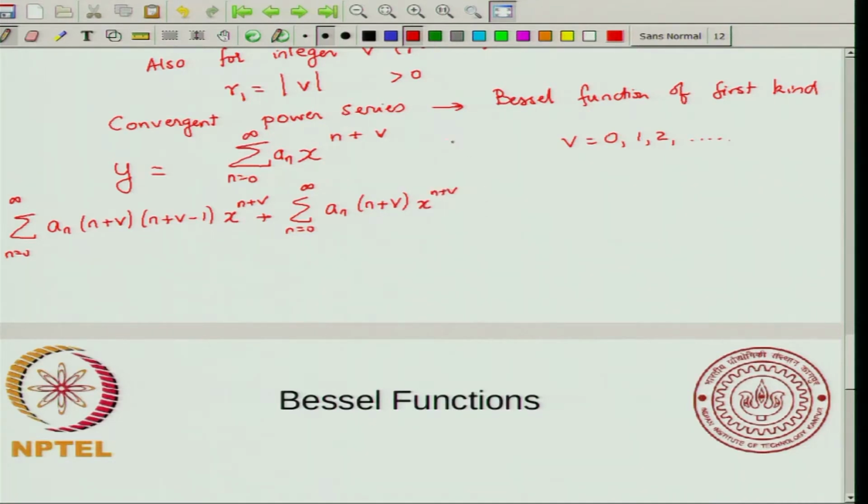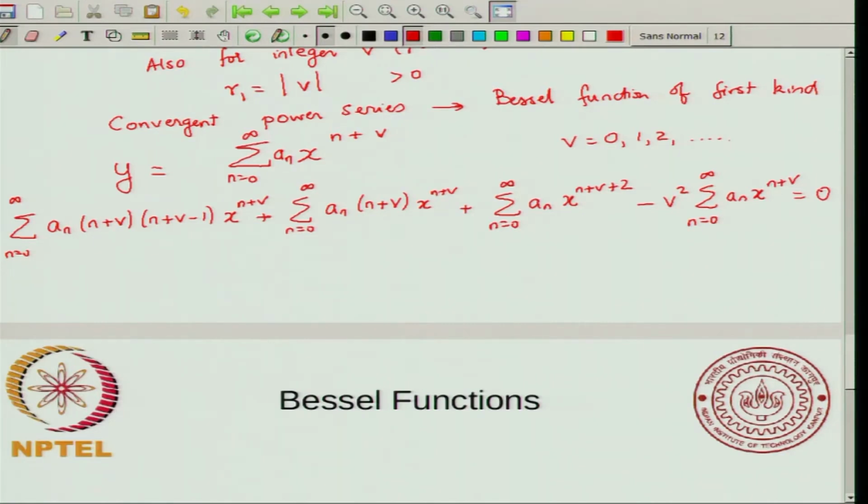These come from the first two terms, and then you have an x squared term: the sum over n equal to 0 to infinity a_n x raised to n plus v plus 2. And then you have the minus v squared term: minus v squared times the sum over n equal to 0 to infinity a_n x raised to n plus v, equal to 0. So this is the general equation.